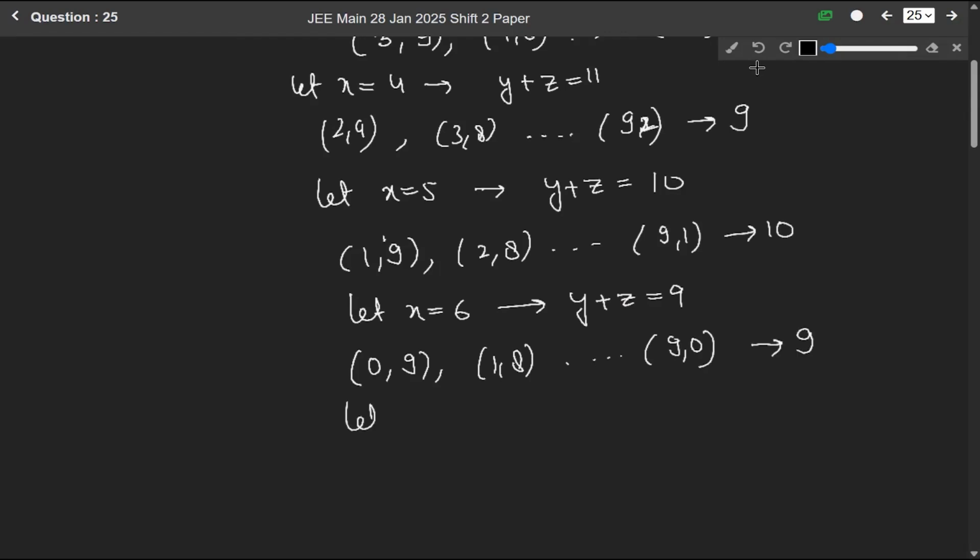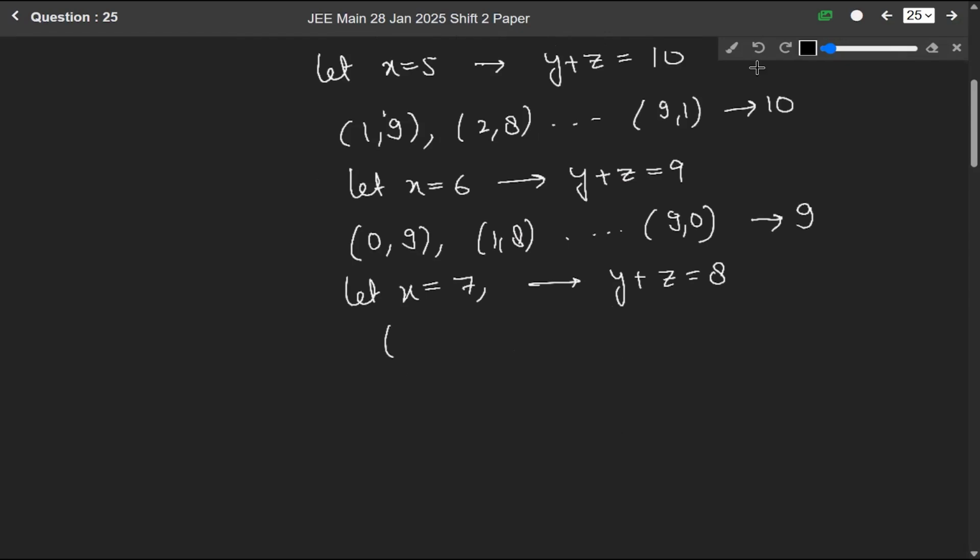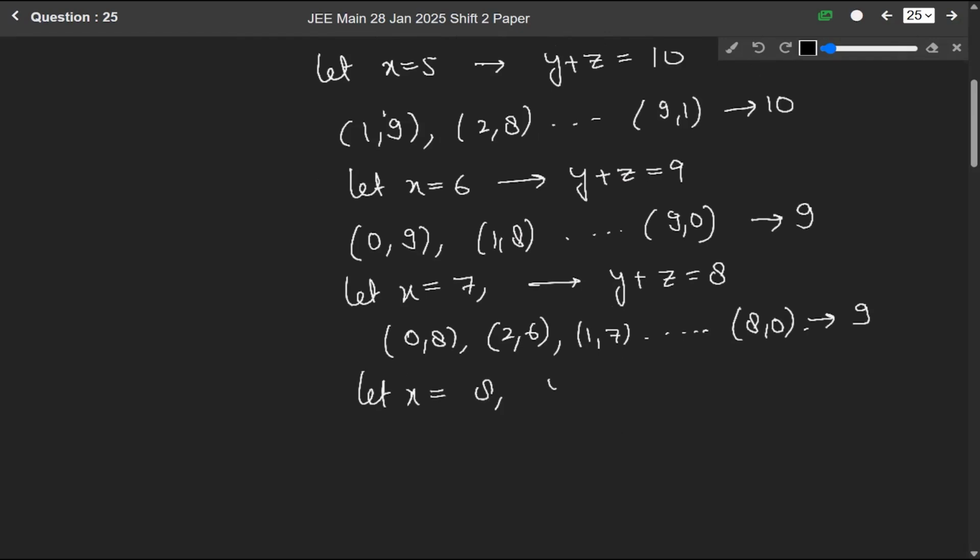Okay. And let x equal 7. At that time y plus z equals 8. So y plus z equals 8 means 0,8; 1,7; 2,6; up to 8,0. So like this, there are 9 possible ways. And when x equals 8, at the time y plus z equals 7.